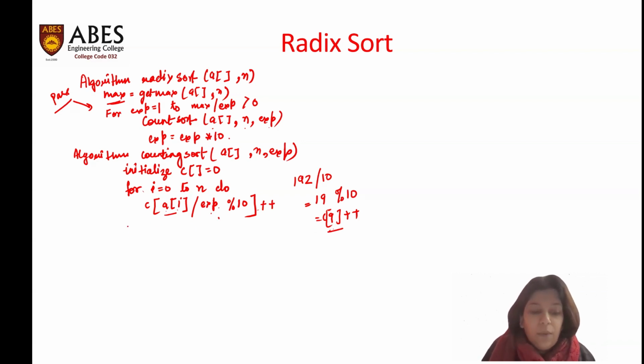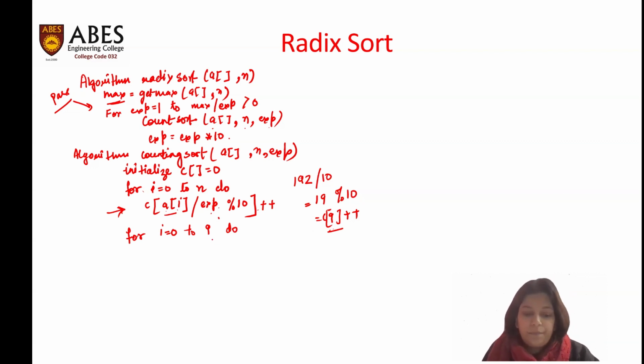Right? Now, after this, we have made the counting array, and now we have to make the cumulative frequency array. If you remember it, we have to make the cumulative frequency array. For this, the for loop will start from 0 and it will go till 9. Right? And what do we have to do?